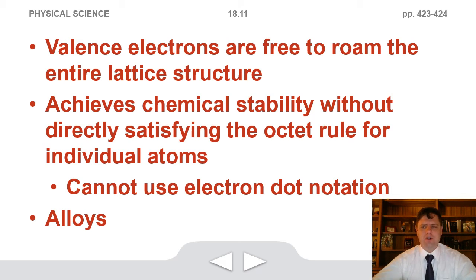And alloys are just a combination of various metals brought together. A lot of metals that we deal with are actually alloys, because when different metals are brought together, you are able to get unique properties out of the alloy, thus strengthening or preventing rusting or various things of that nature by adding various metals together into an alloy.